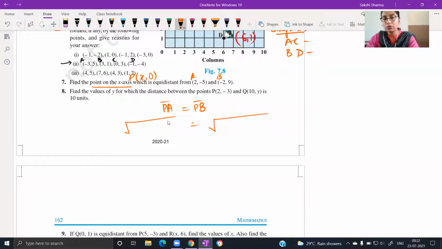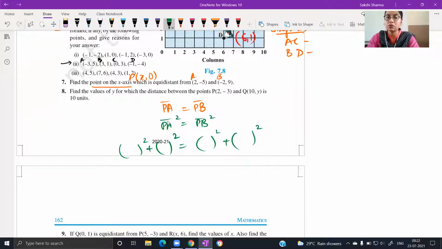If you don't want to work with square root, before applying the formula, you can write down one step, because वैसे जब distance formula आप calculate करोगे तो आपकी जो value आनी है वो under the root आनी है. So here you can just write down that PA square will be equal to PB square. Distances का square कर दो, उसके बाद जो होगा वो root होगा, वो cancel out हो जाएगा.